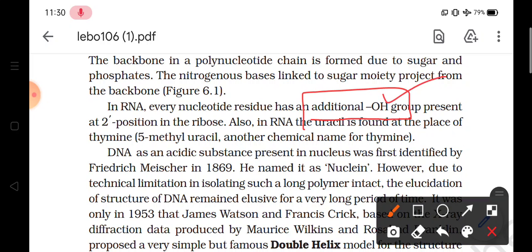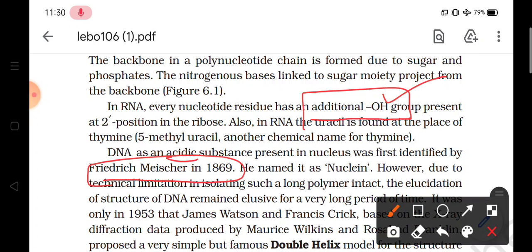Now DNA, as the full form is deoxyribonucleic acid. So it is, we can say, an acidic substance. How it was identified and where it was first of all identified, in the nucleus, and it was identified by Friedrich Miescher in 1869.